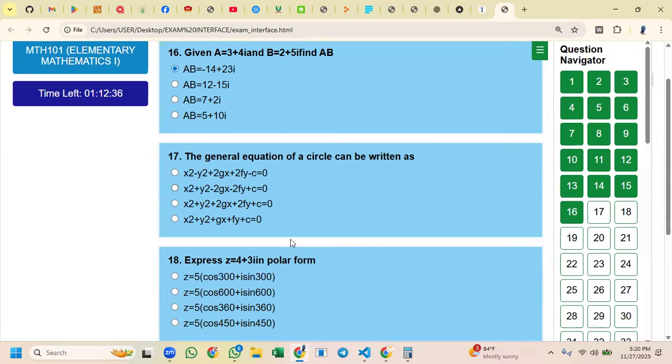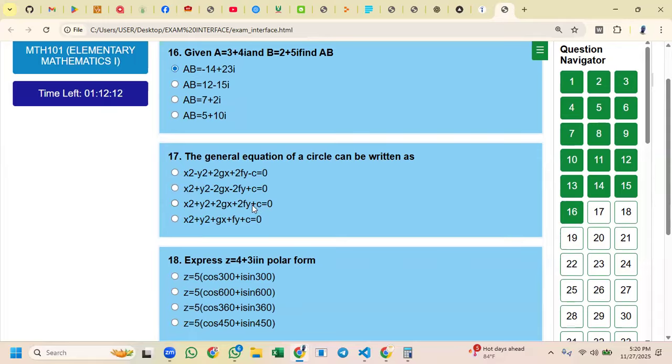The general equation of a circle can be written as, this one is a standard thing in your material there. Everything is plus. Just remember that. If you meet this question, which we are likely to meet, just remember that in the general equation of a circle, everything is plus.